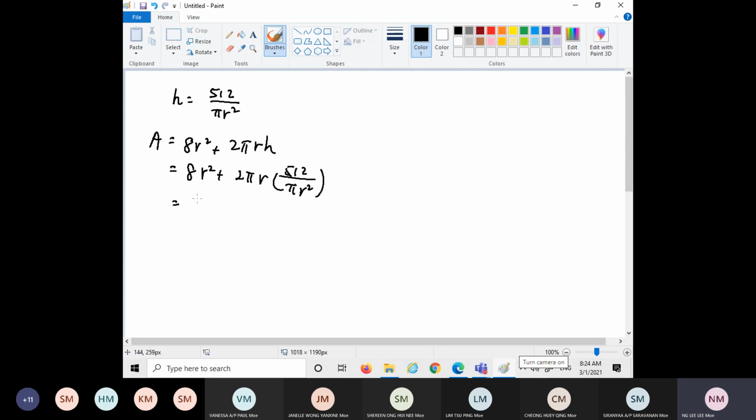Then we'll see what will happen. We'll simplify first. Cut this pi, cut this r. 512 times 2. I need your help because one of the candidates took my calculator. I have no calculator. 512 times 2.